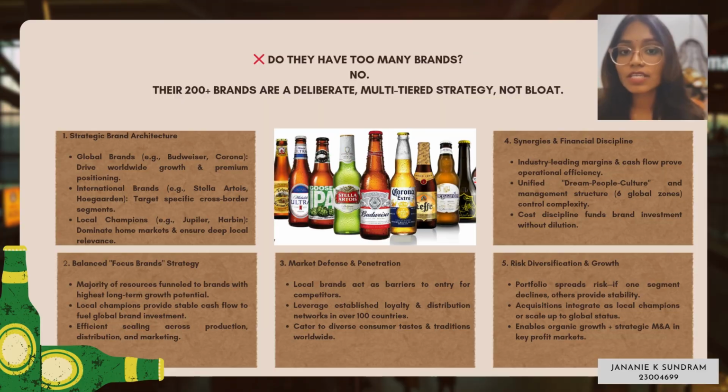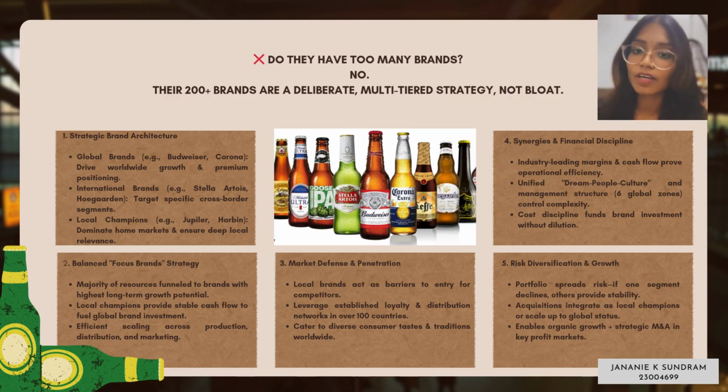AB InBev uses a clear brand architecture where each category plays a specific role. Global brands like Budweiser, Corona, and Stella Artois drive worldwide growth and premium positioning. International brands such as Hoegaarden and Leffe target cross-border niche markets, while local champion brands like Jupiler, Harbin and Cass dominate their home markets by meeting strong local preferences.